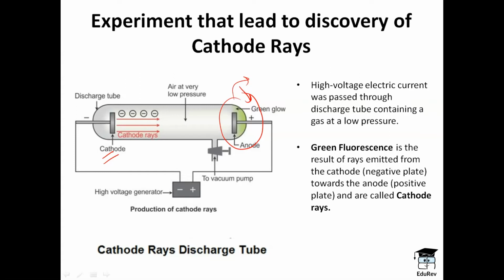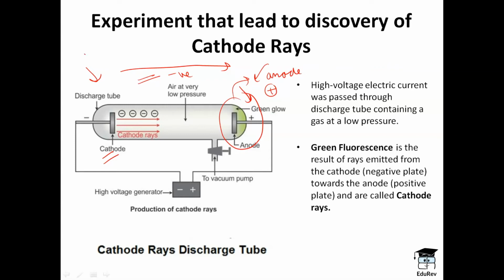So here it was the cathode, here it was the anode. There were some rays which were getting attracted towards the anode, which is the positively charged electrode. Since the anode was positively charged, J.J. Thomson concluded that the particles in this ray will be negatively charged because they were getting attracted towards the positive anode.